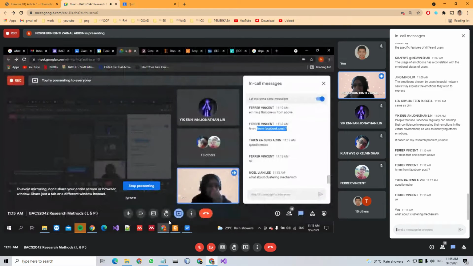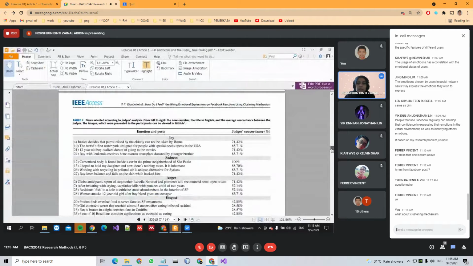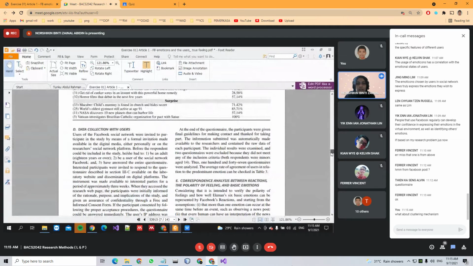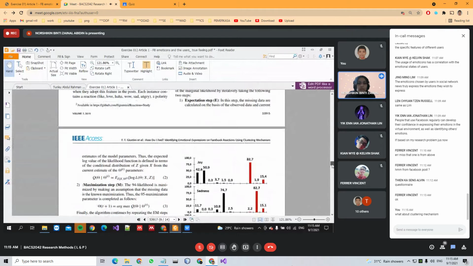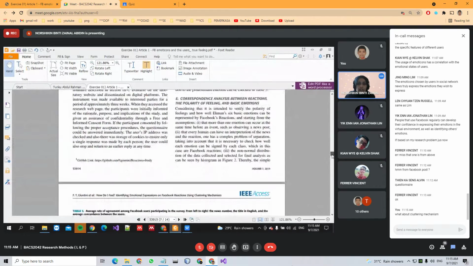Okay, but for clustering mechanism, Noel, what do you mean by clustering mechanism? Clustering mechanism is something that I think they will use in this. Clustering mechanism is an output. No, it's a method actually. Usually people will use clustering mechanism as the method to analyze your data.